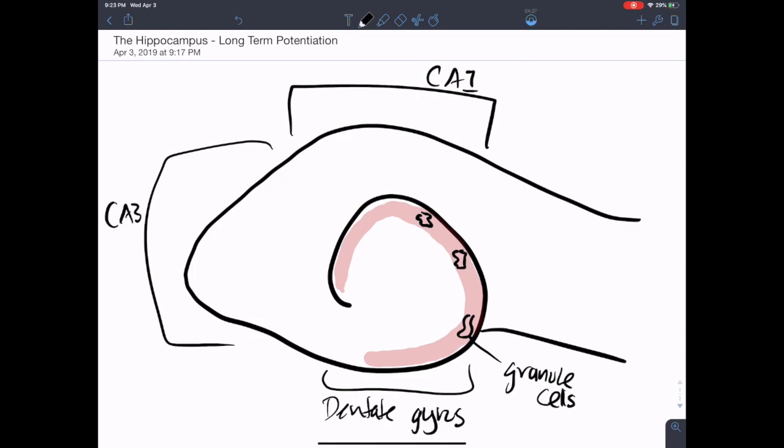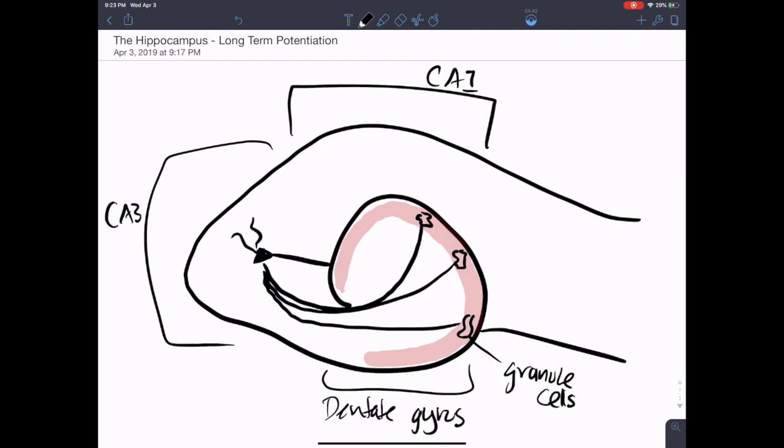For some reason, they name them all the same sometimes. But these are going to project to the CA3 region. More specifically, the CA3 neurons, which are these pyramidal-shaped cells within that region of the hippocampal cortex, right? And they're going to be kind of shaped like that. So they interact with the dendrites of that.